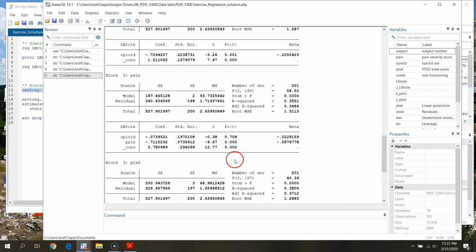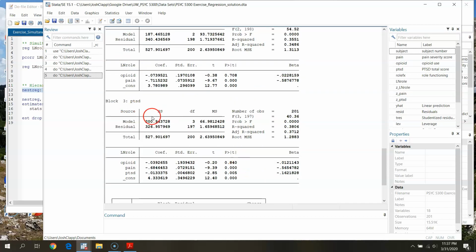Okay. So in the last model, where we've had PTSD in the mix, what we see is our R-squared has gone from 0.355 to 0.38. So we get a small increase in our overall R-squared. Here, we're seeing that opiate use is still not contributing anything unique to the model, so we can't say that this has any predictive value in our model.